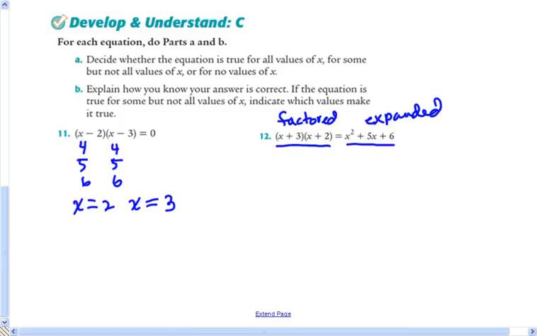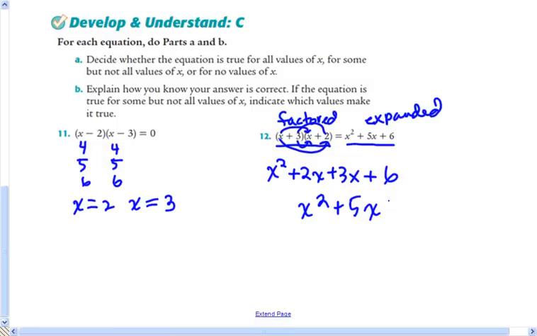Using whatever method you want, we can use the FOIL method. The first two, x times x is x squared. The outside, x times 2 is 2x. The inside two, that'd be the 3 and the x, that makes 3x. And then the last two are 3 times 2, which is 6. So we get x squared plus 5x plus 6.